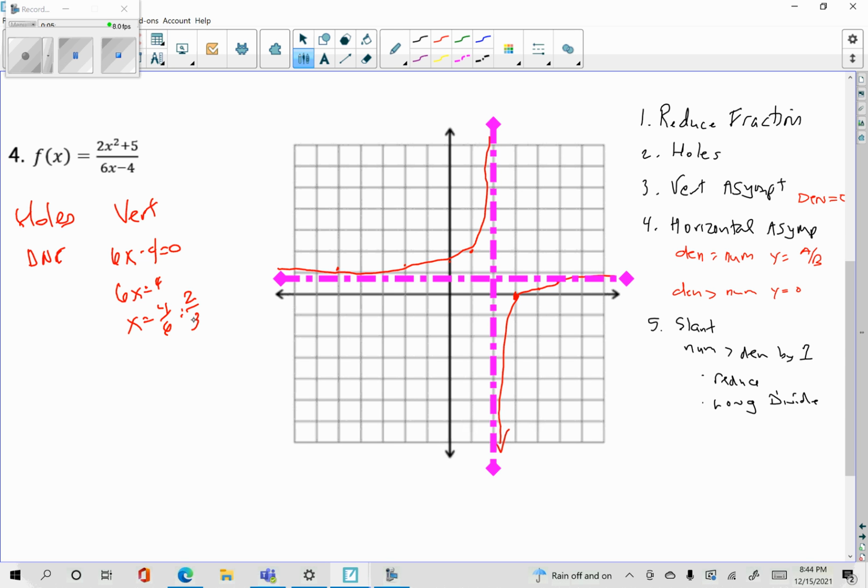Hold on, my graph does not fit what I had. All right, so I'll just redo this graph in a second. So there is my x equals 2/3.